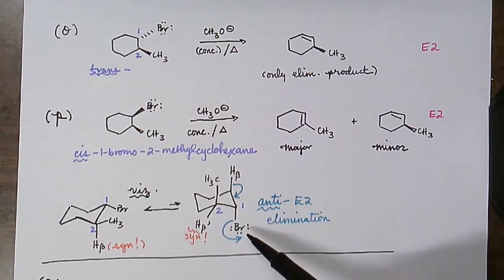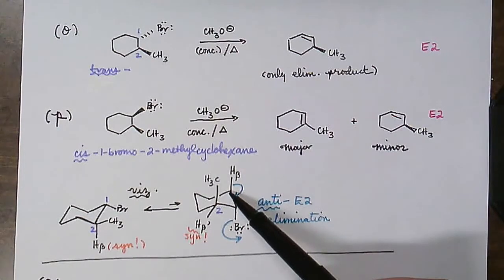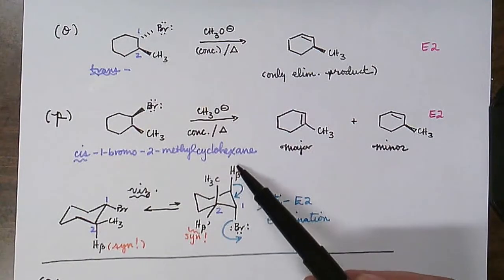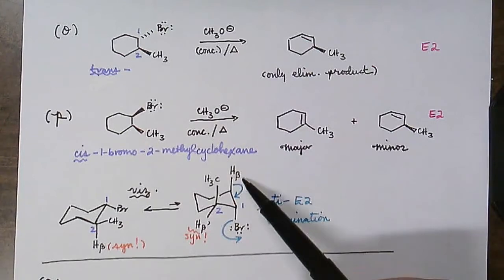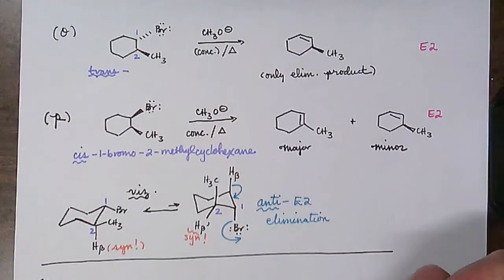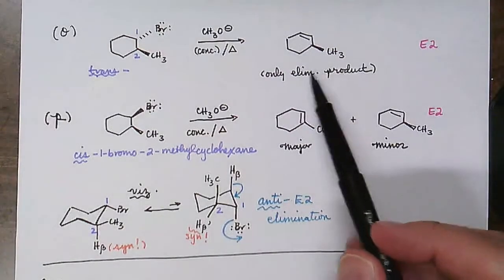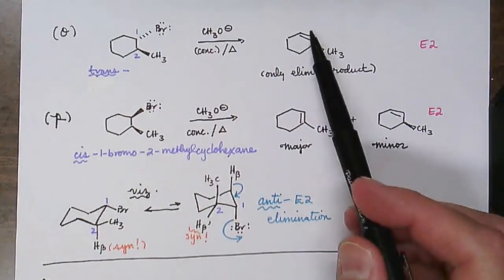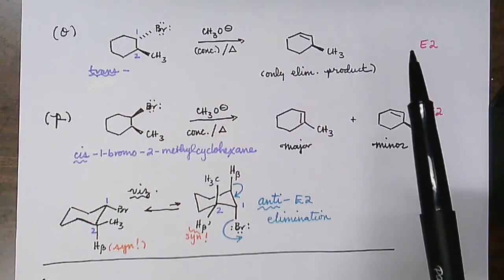Therefore, the only pathway that may occur via E2 is on the adjacent carbon that is less substituted, with the proton that is axial and anti to our bromide leaving group. So the only elimination product via E2 is the less substituted cyclohexene.